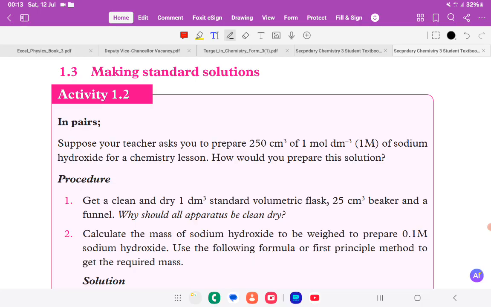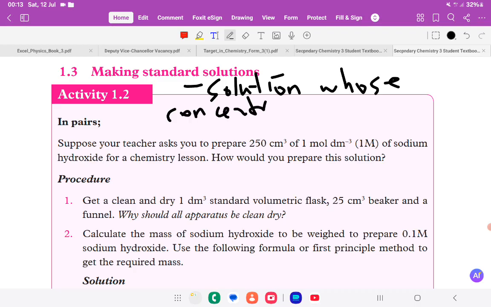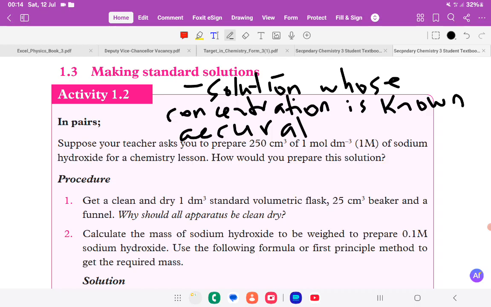So this is a solution. A standard solution is a solution whose concentration is known accurately.